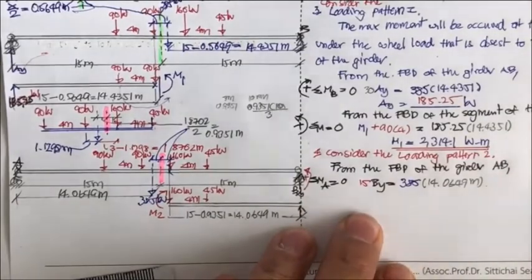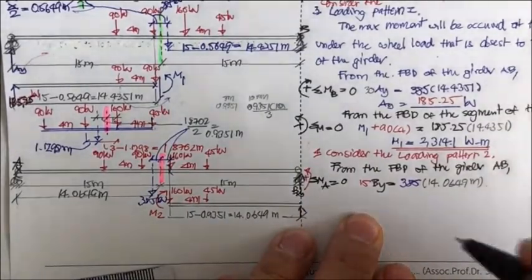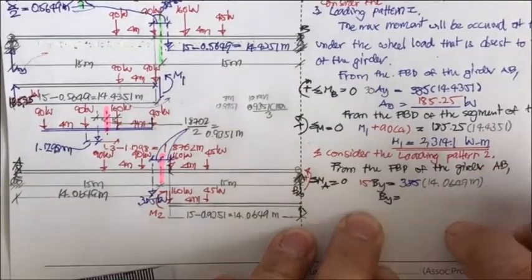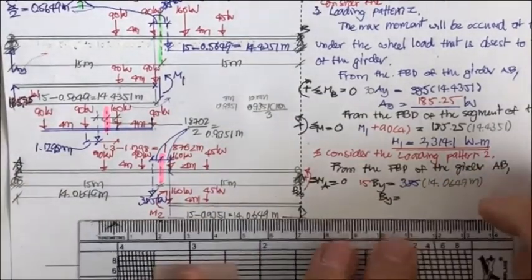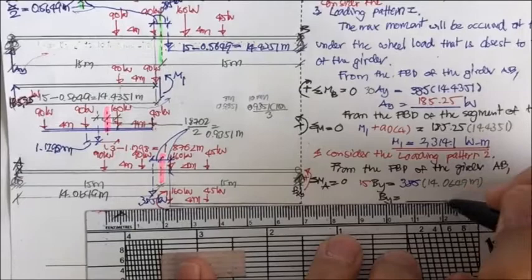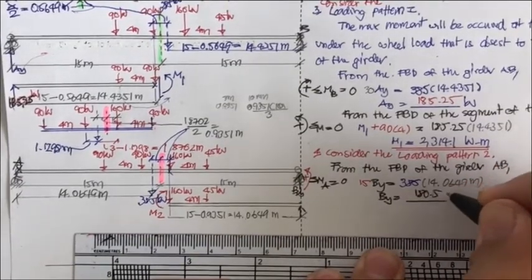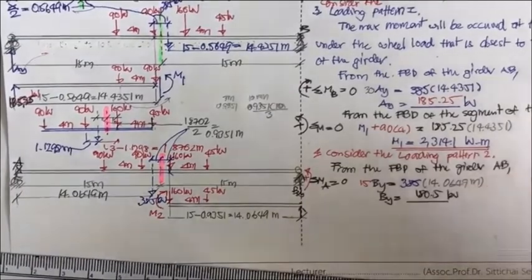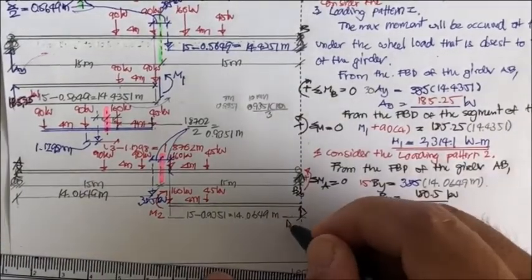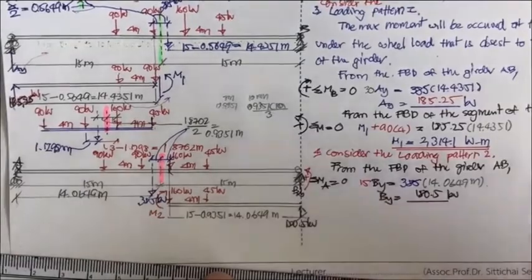Now you get the B sub y for this. B sub y is going to equal, this time, 180.5 kilonewton.